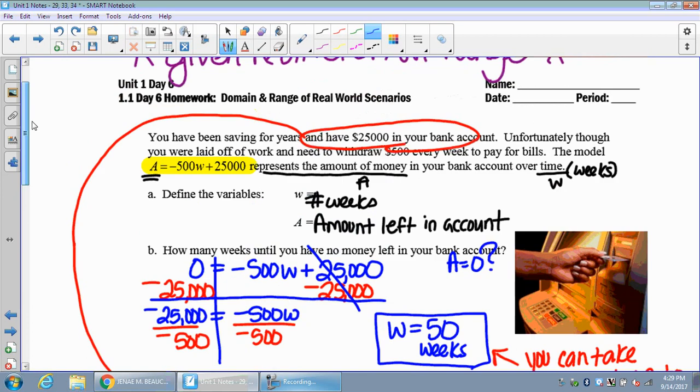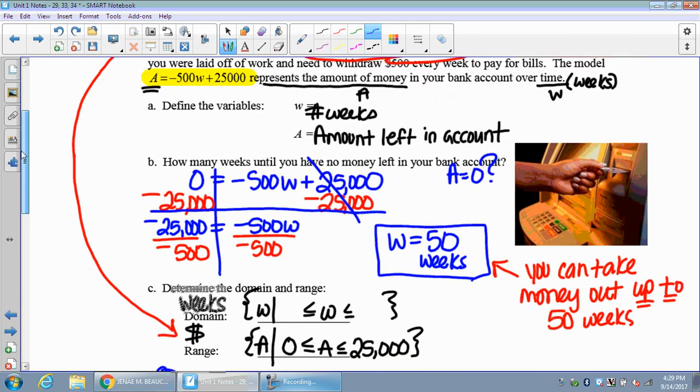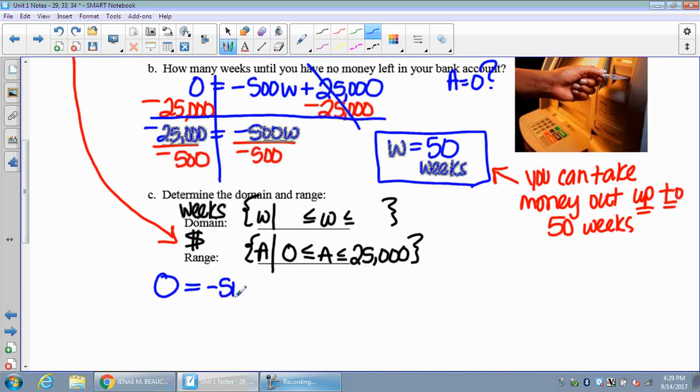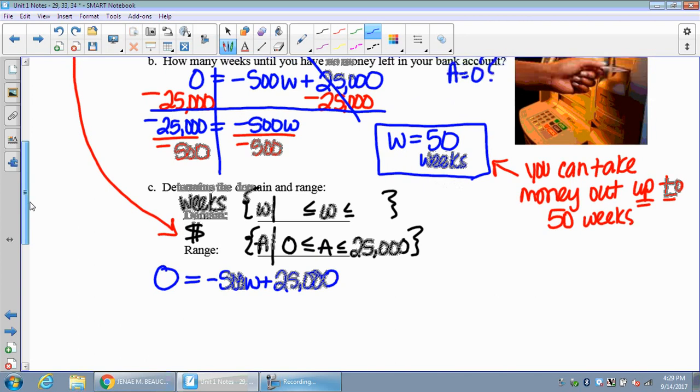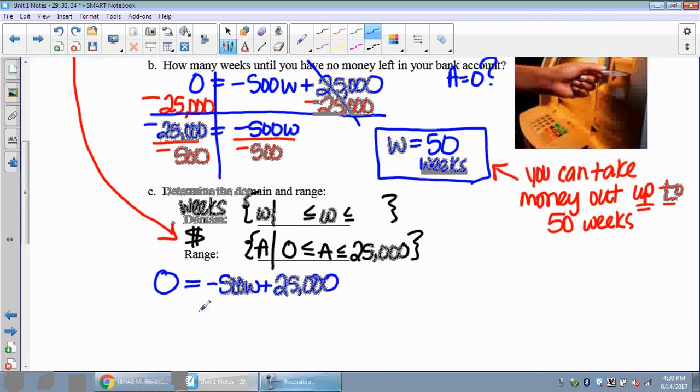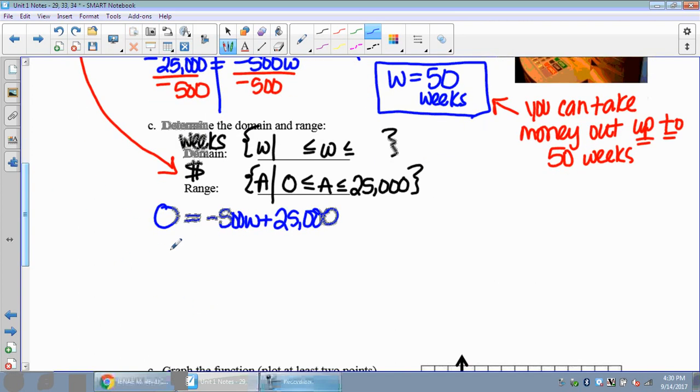So that's 0 equals negative 500w plus 25,000. I'm hoping you'd realize you already did that and you would just say w equals 50, but that's okay. Sometimes we get in the zone and we just do it again. So just in case, I'm going to do it again. Subtract 25,000.